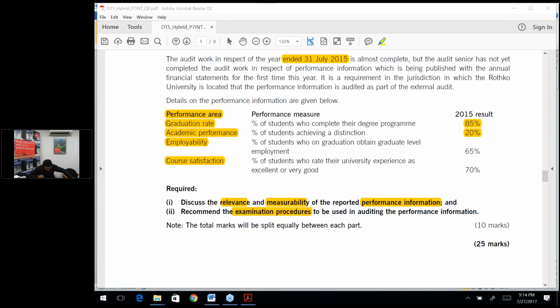Well, relevance: why is it important? Measurability: is it quantifiable? Yes, Wali, you are right. No, sufficiency is not relevant over here.